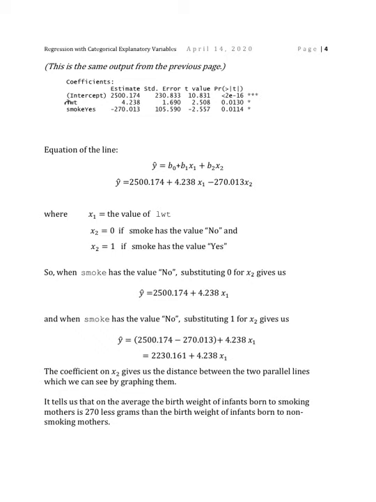So this is our regression equation here. We have two variables, x1 and x2. So x1 is our numeric variable of mother's weight. Okay, and x2 is our 0, 1 variable for smoking status.